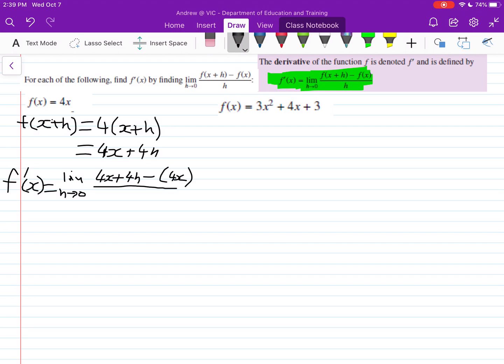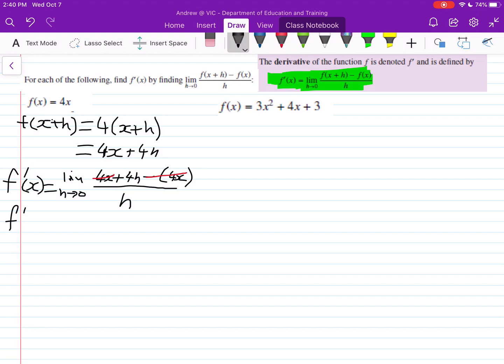I always put brackets there because when they get longer, like in the next one, you'll see it. And this is all over h. On the top we have two things that cancel out: 4x minus 4x is 0. We're just left with 4h over h.